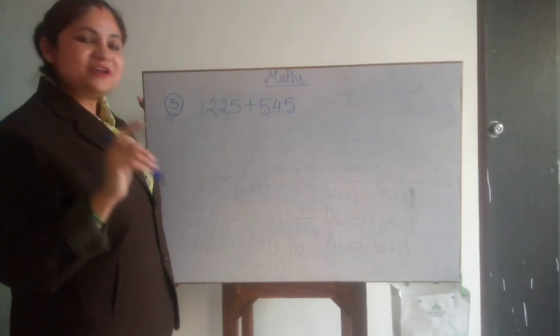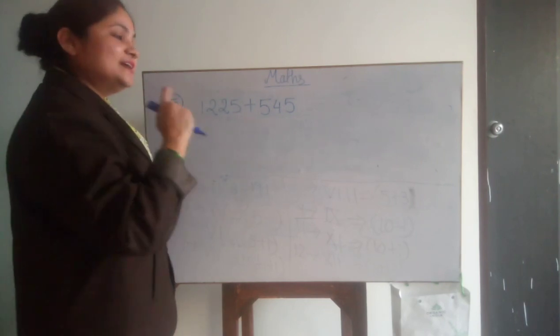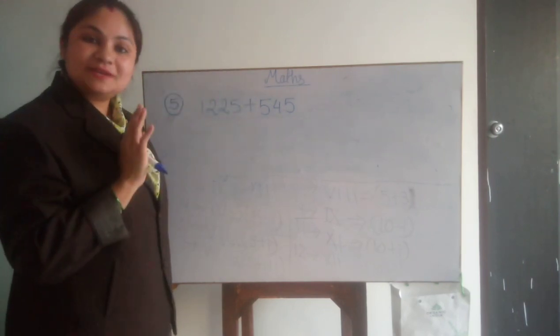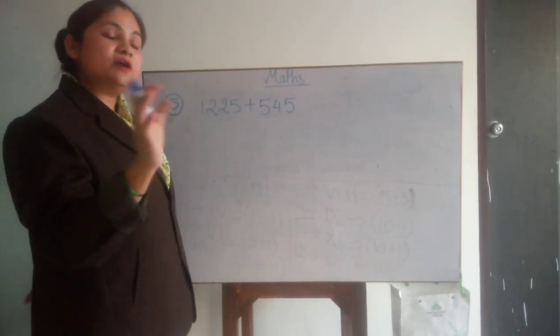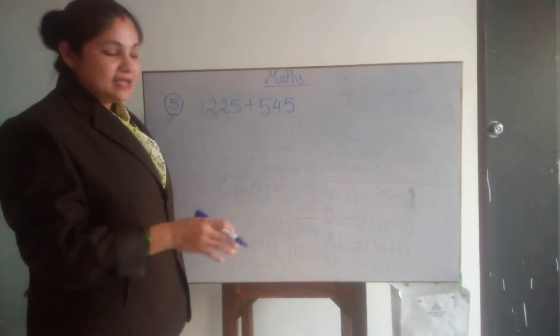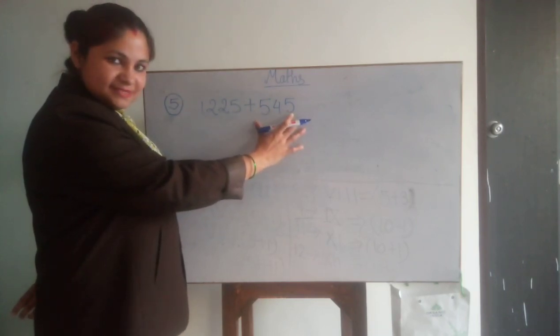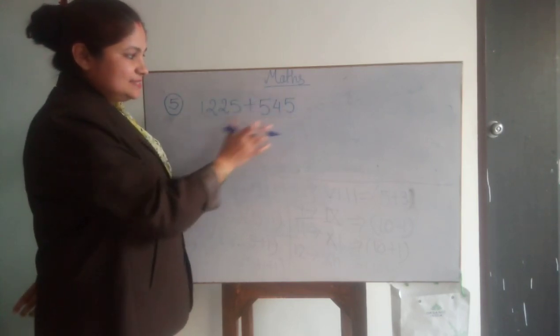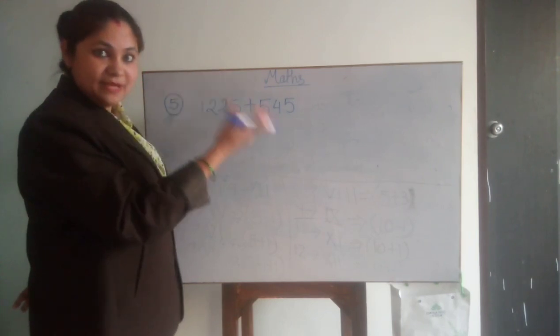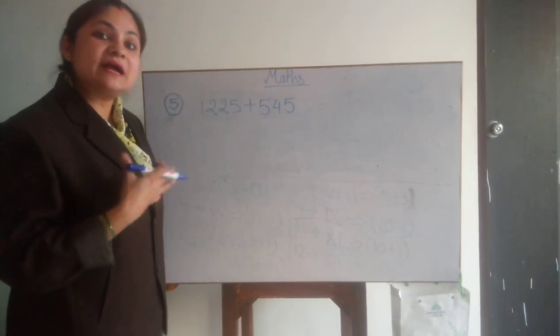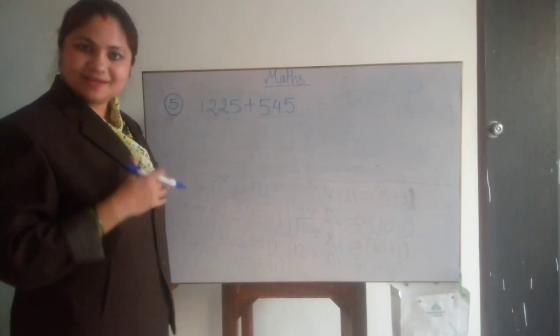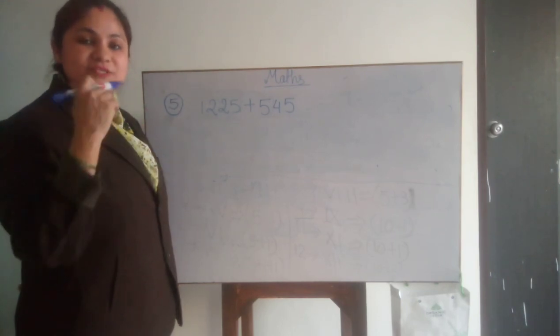In word problems, sentences were given, words were given, that I purchased this thing, he purchased that thing, and then how much we paid. Here they have given two numbers, and these we have to add up. Actually we have to add up, but before adding them up we have to make our own story.